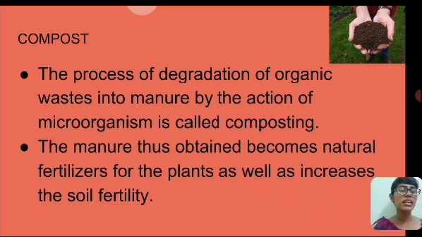Organic waste such as vegetable peels, by degradation, like dumping them, turns into manure by the action of microorganisms which are present in the soil. Those microorganisms turn the organic waste into manure, and that manure becomes a natural fertilizer for the plants' growth as well as increasing the soil fertility.